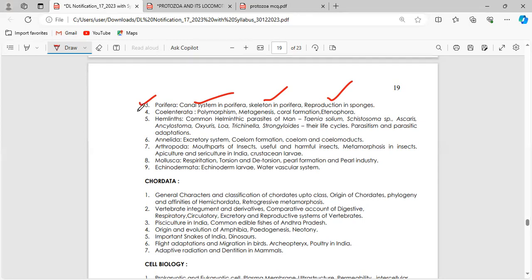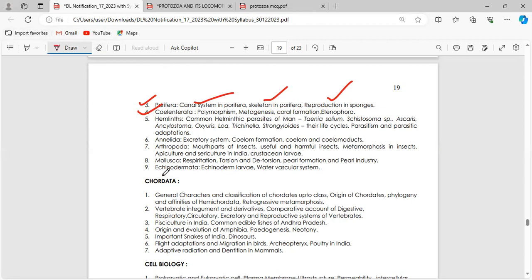And next comes the Coelenterata. See, why general characters and classification are very important: if you know the characteristic features of Coelenterata, we can come to a conclusion why corals are placed under Coelenterata.